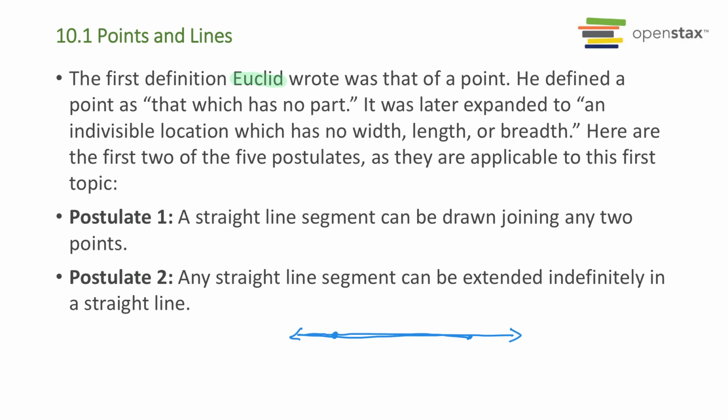That's the idea of a line segment versus a straight line. So those are postulates. They're things that almost seem obvious, but in order to set a foundation, we put them into words and call them a postulate.